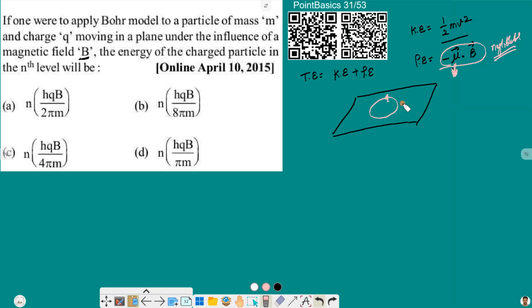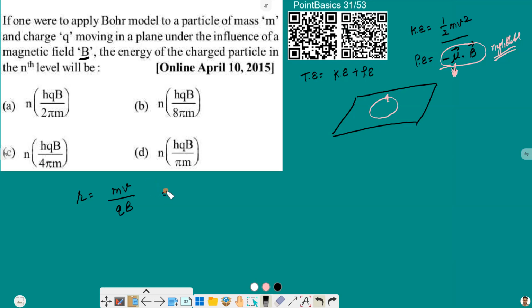So first of all, let's move to kinetic energy only. Now we have discussed cases of cyclotron where there is a charged particle and magnetic field applied, then it moves in a circle. For that type of particle, the radius is equal to mv by qB. That is the radius of the moving charged particle.